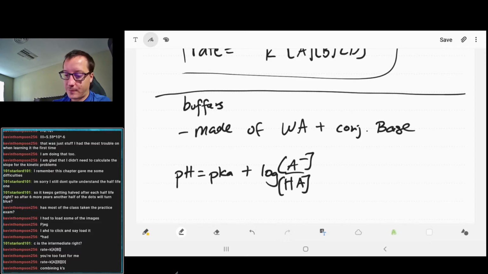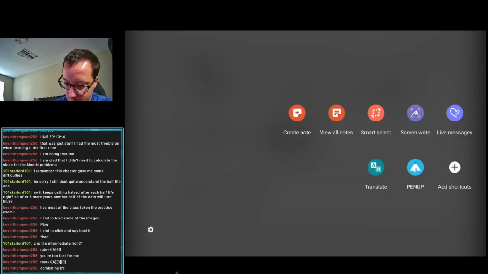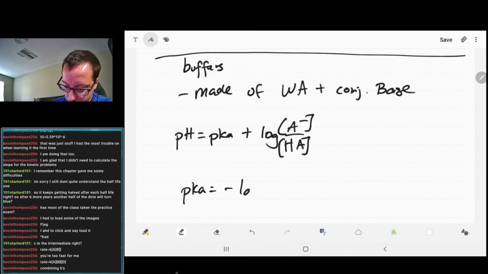Remember that pKa is just negative log Ka. Remember that buffers will prevent pH change. That's what they do. Your weak acid can react with any added base. Your conjugate base can react with any added acid.